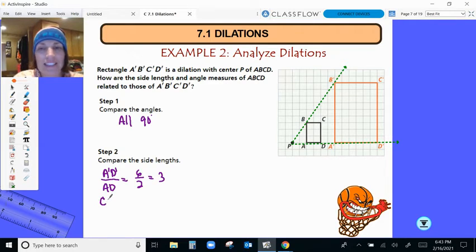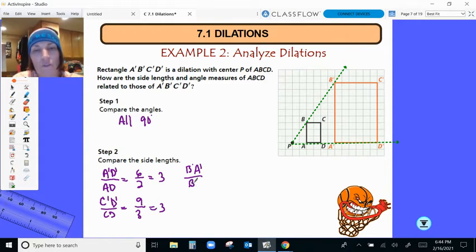Let's compare my C prime, D prime to just CD. So that's 1, 2, 3, 4, 5, 6, 7, 8, 9 over my CD, which is 1, 2, 3, which is also equal to 3, right? Our B prime, A prime over BA is also 9 over 3 because those are the same.